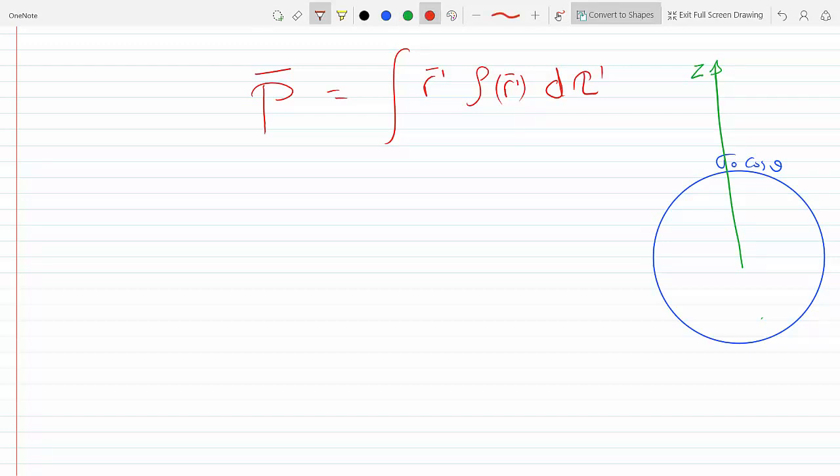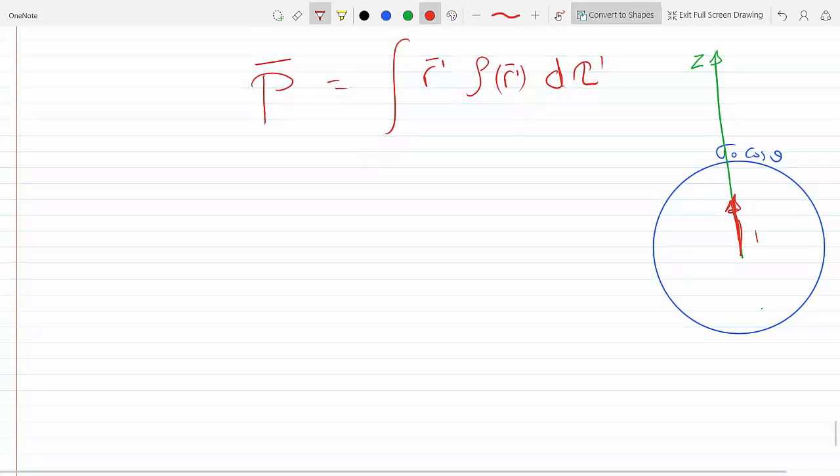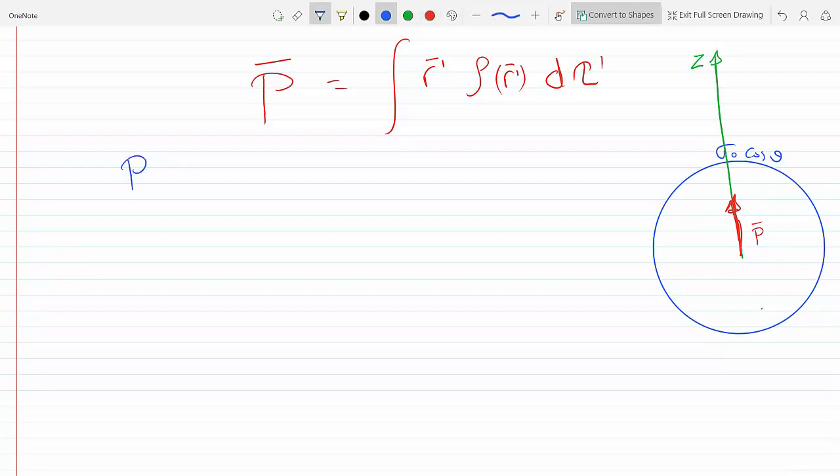So we know that the dipole moment will be in this direction. Let's say this is P. So what we know for sure is P will be some magnitude P in the Z direction.